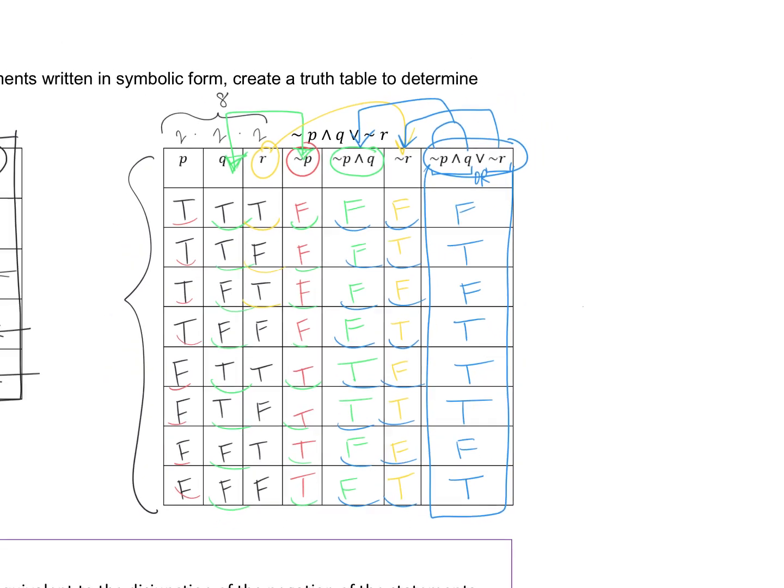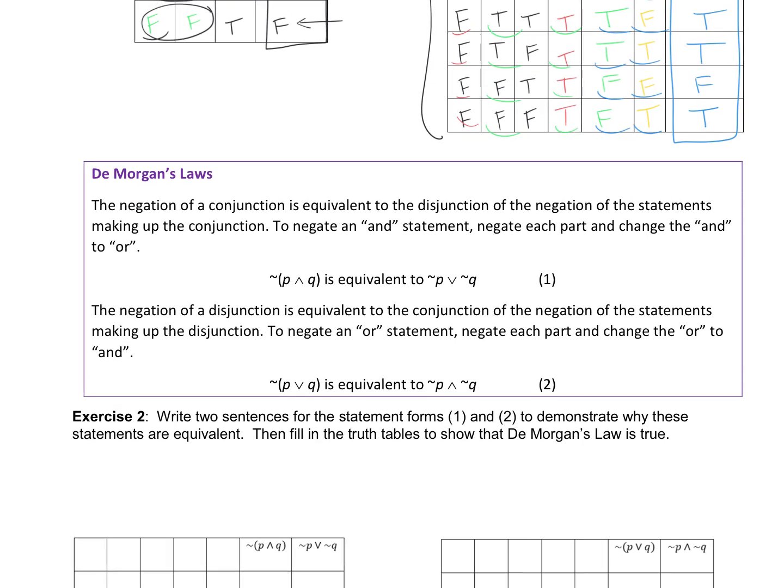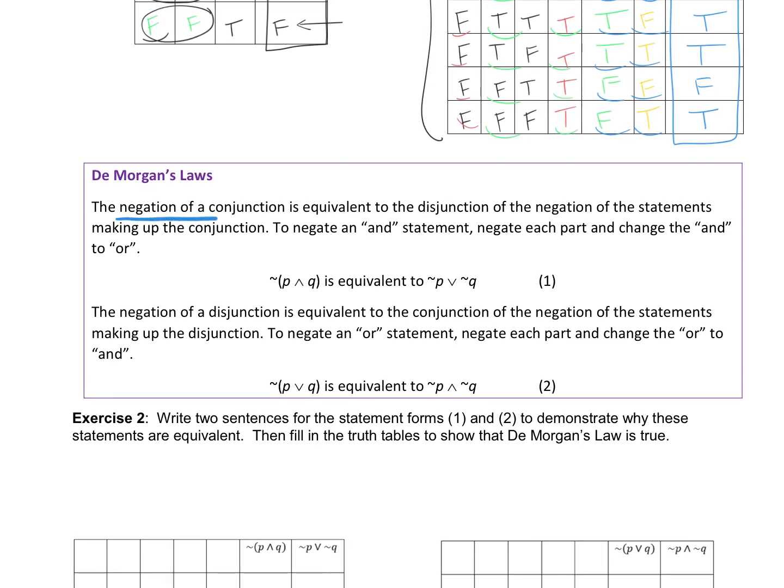All right, and so lastly, we're going to look at two laws. These are De Morgan's laws, and what they do is they show you that the negation of a conjunction is actually equivalent to the disjunction of the negation of the statements making up the conjunction. So if we have the negation of that conjunction, you could see it changes to a disjunction where each of the parts get negated.